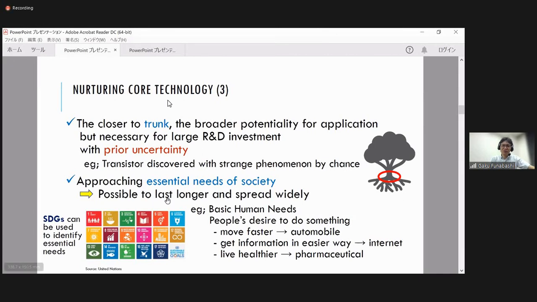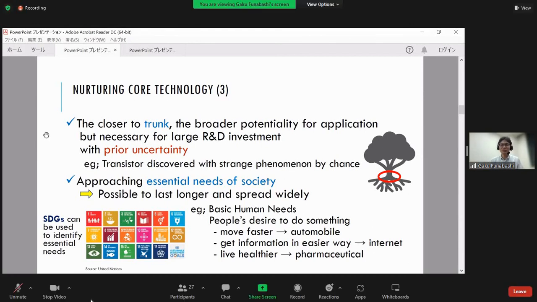And one more, these days, not everybody knows SDGs, Sustainable Development Goals. If that technology is approaching the essential needs of the society, of the people, maybe the possibility that the people need such kind of technology will be high. And how can you find such kind of technology closer to the essential needs of society?